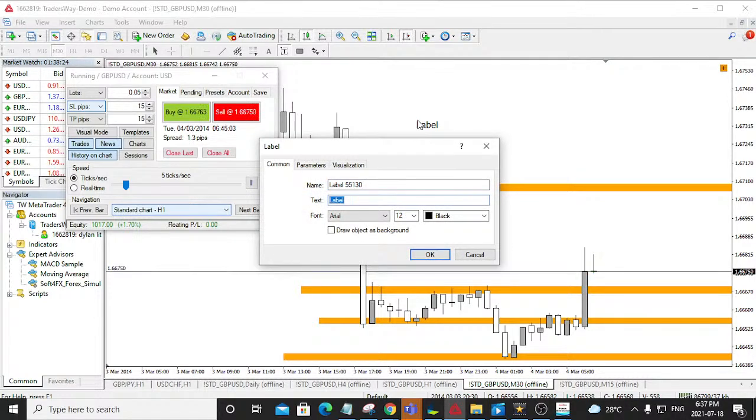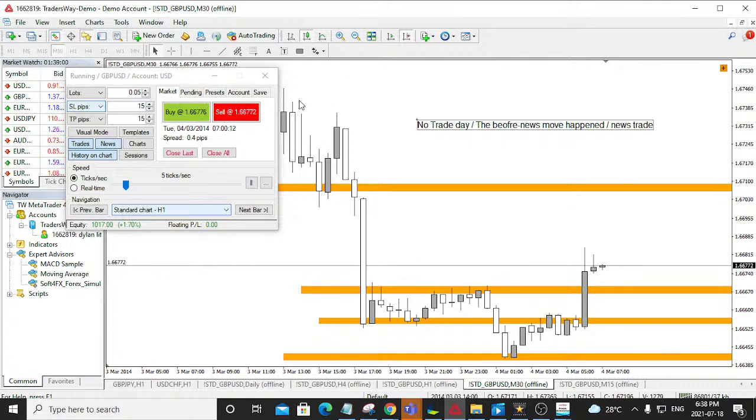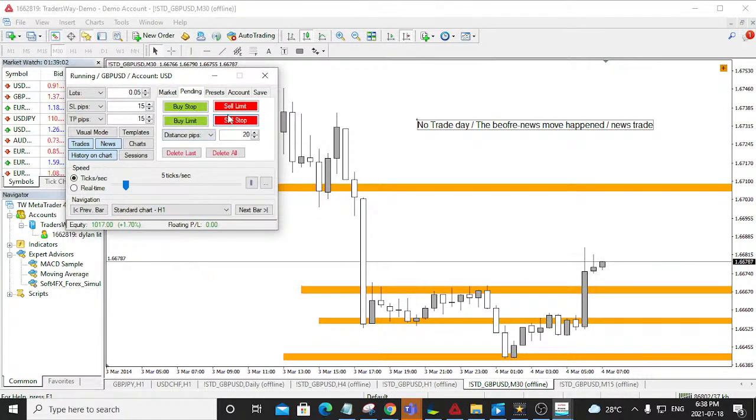It can either be a no trade day, or the before-news move happened, or a news trade. News trade simply means you have to wait for the news to come about, and then you would do a pending, like a sell limit or a sell stop.